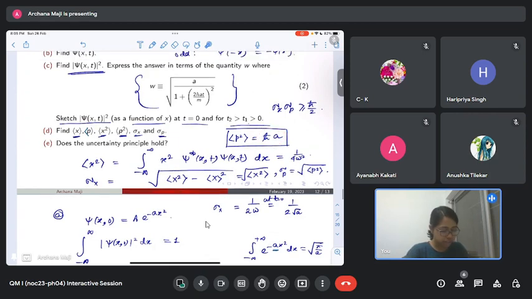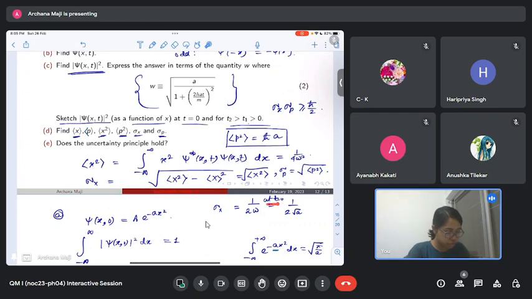For part E, it is asking whether the uncertainty principle holds or not. So you need to show that the product of these two is greater than or equal to h cross over 2. Since sigma x involves omega, and you know how omega changes with time, you can say whether this is greater than or equal to h cross by 2 or not.